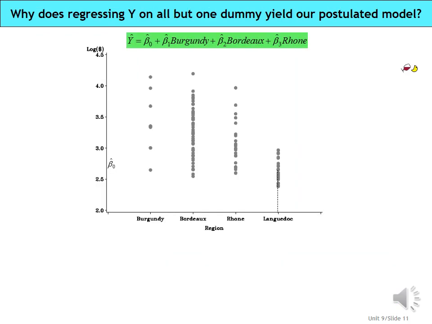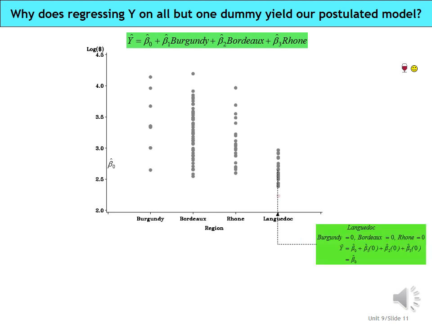Here is our data and its distribution, the wine distribution, and there is the regression equation on top. Let's analyze what these mean in here. This is the mean for Languedoc.